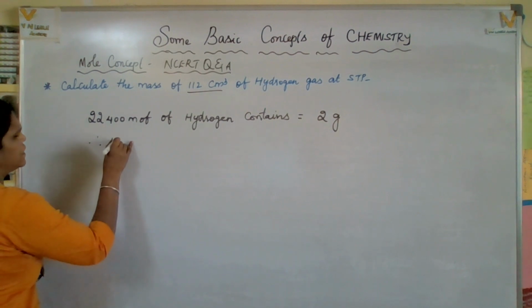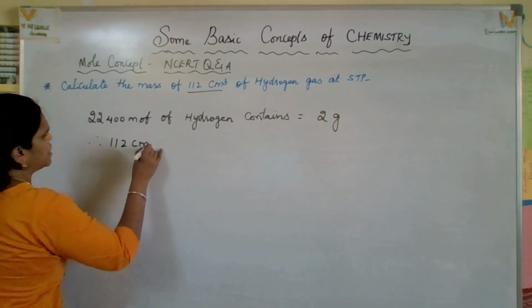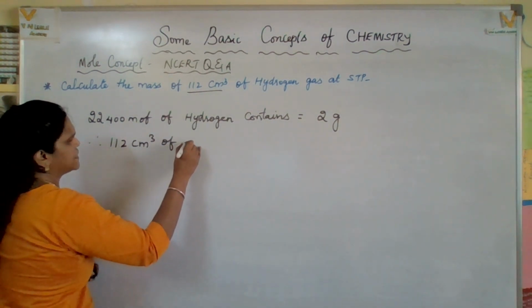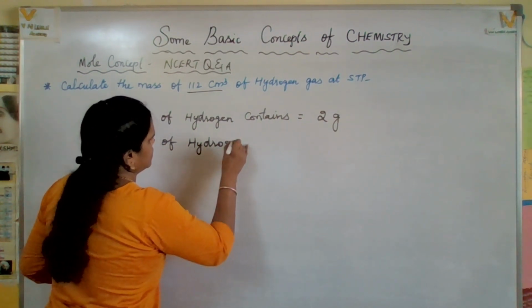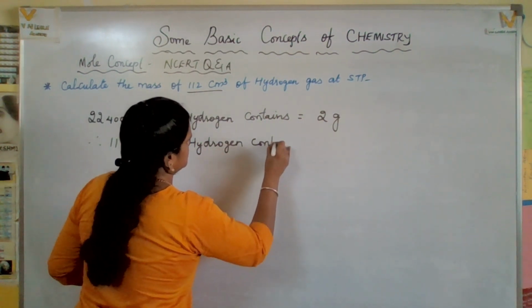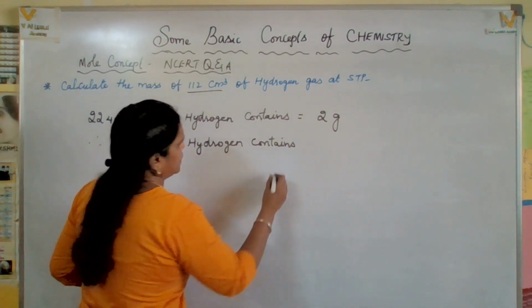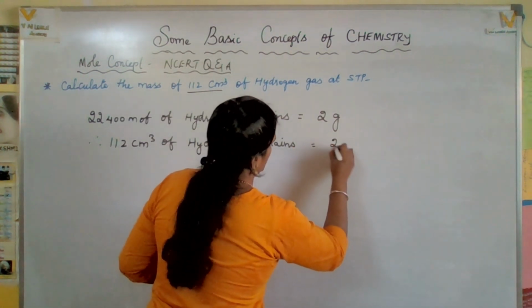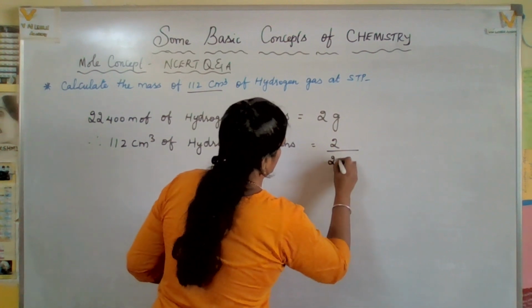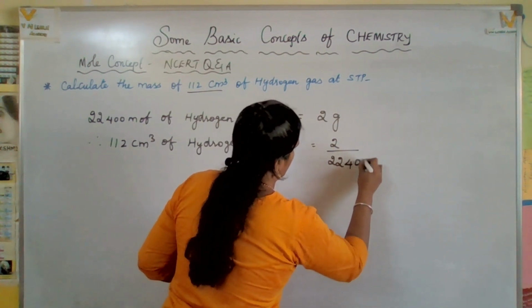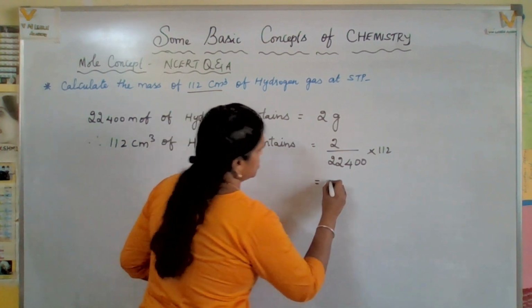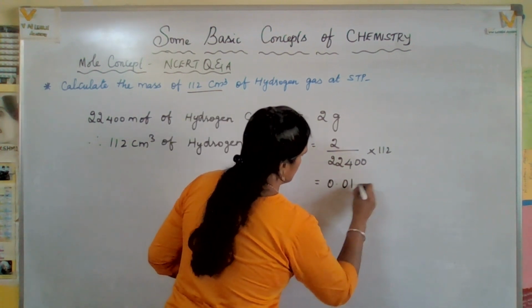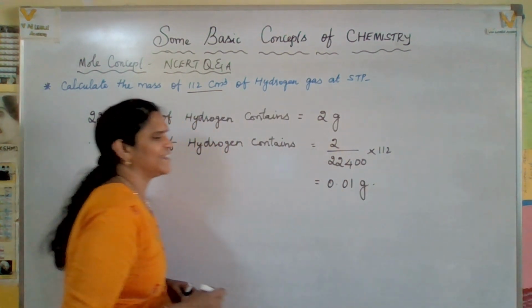Therefore, 112 centimeter cube of hydrogen gas contains, here, how much? 2 divided by 22,400 into 112, right? How much is it? 0.01 gram. You will get it.